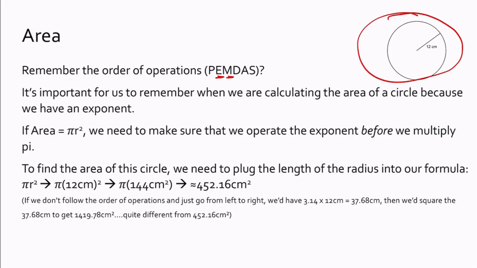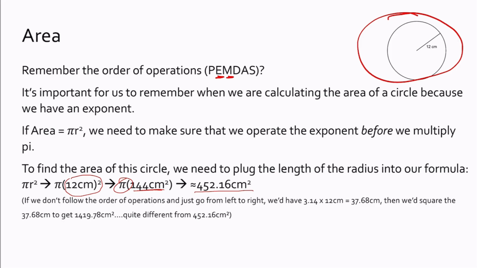So in this scenario here, where our radius is 12 centimeters, we're squaring the 12 centimeters first. So then we have 144 square centimeters times pi is 452.16 square centimeters.